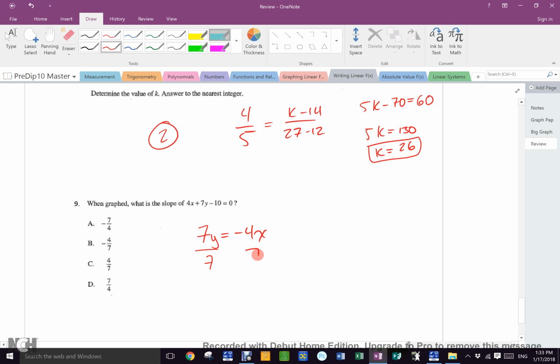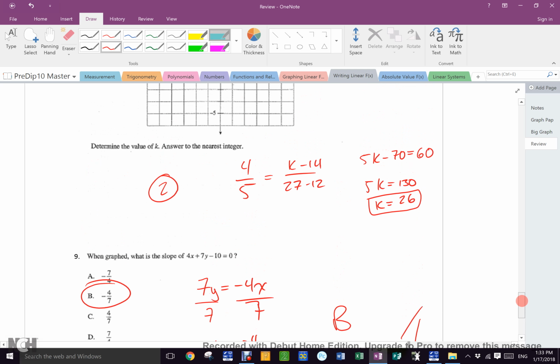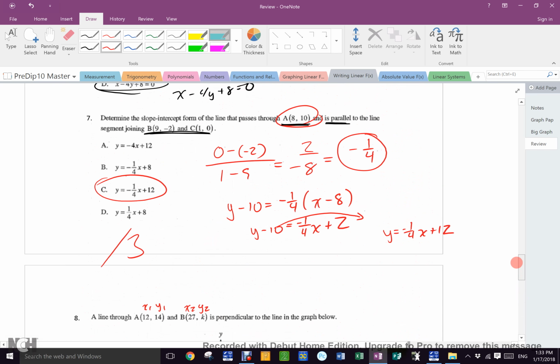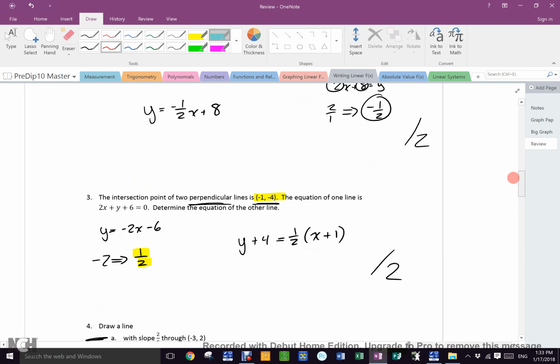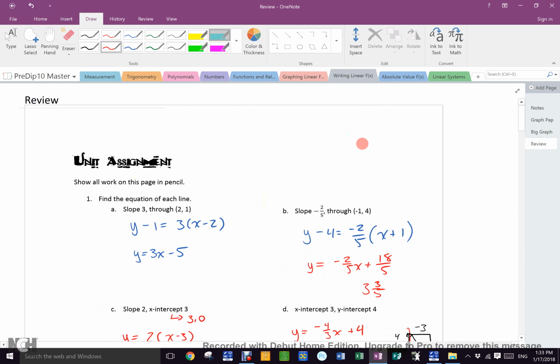Divide by 7. Y equals negative 4/7. B. Out of 1. And I think that's it. Making the whole thing out of 3 and 3 is 6, and 7 is 13, and 8 is 21 by my count.